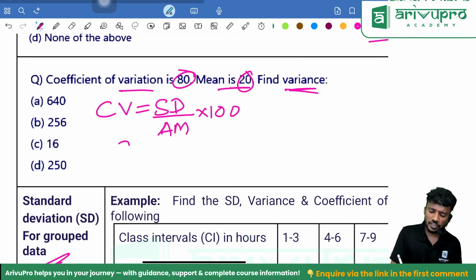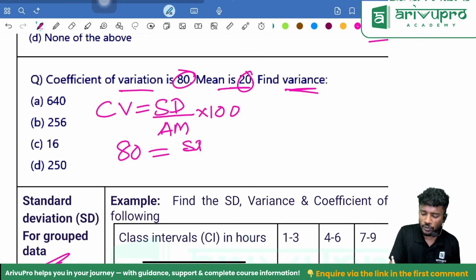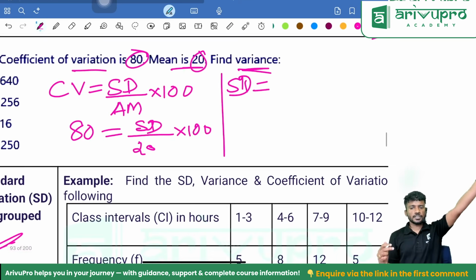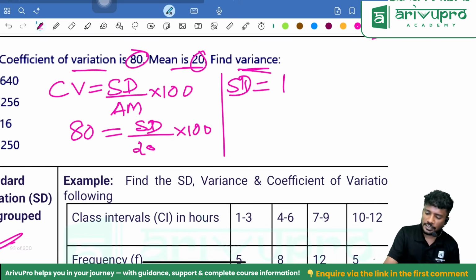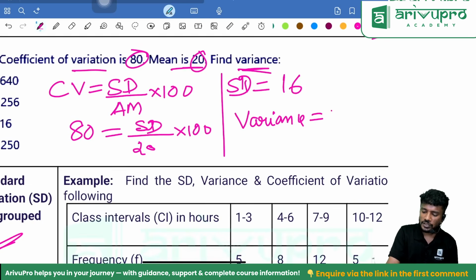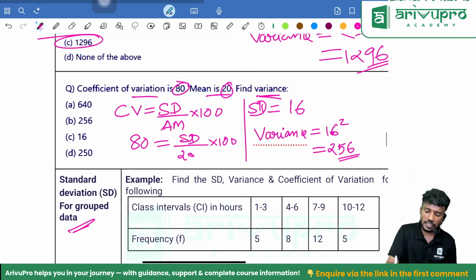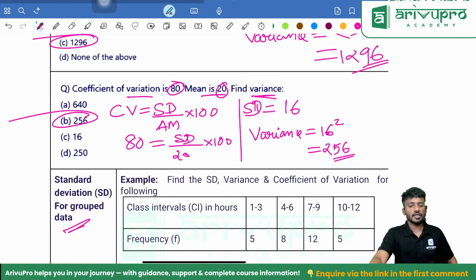Here, 80 is equal to standard deviation, which we don't know, divided by 20, into 100. So standard deviation is 1600 divided by 100, that is 16. So variance is 16 square, which is 256. Option B is your answer.